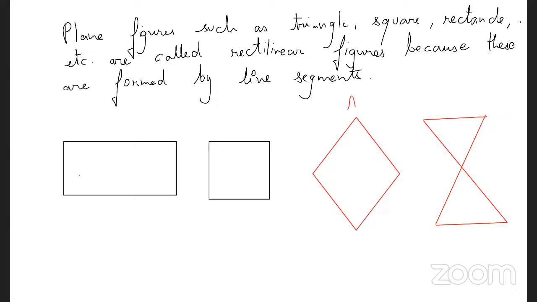Let's name them A, B, C, D, and this one A, B, C, D, with an intersection.